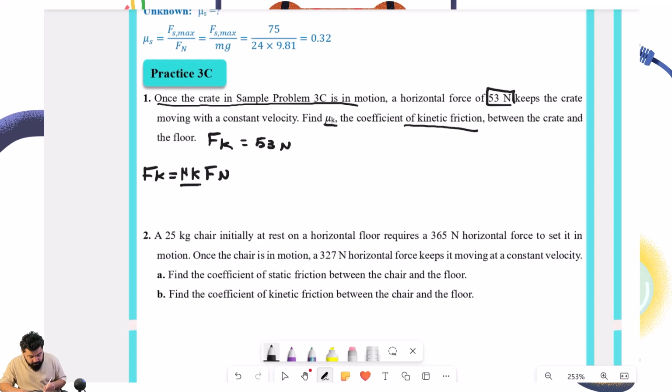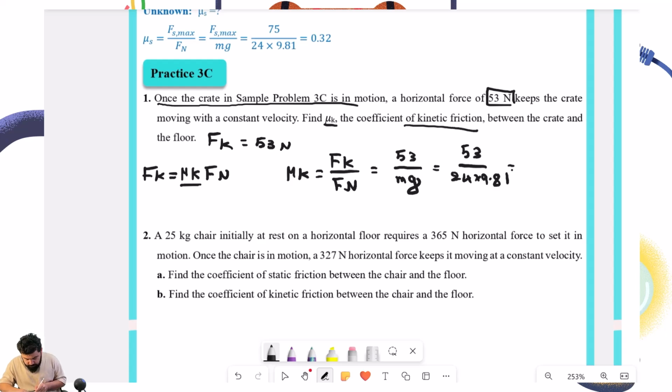So mu k is equal to Fk divided by Fn. I have Fk, which is equal to 53. Fn is going to be mg. So 53 divided by 24 multiplied by 9.81. You're going to get 0.23.